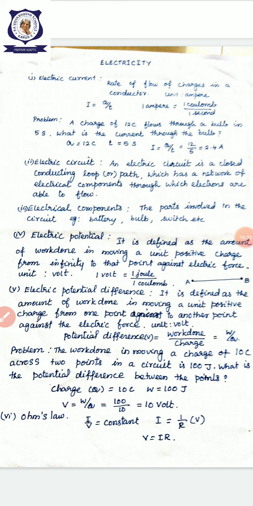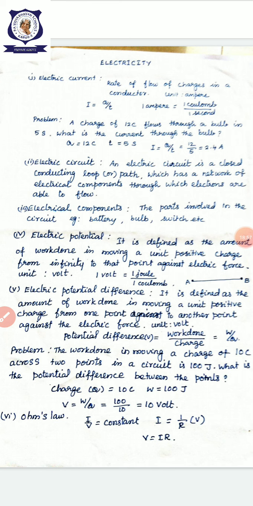The unit of work done is joule. So 1 joule of work is done in moving a single positive charge. Then the potential difference is equal to work done by charge, W by Q. Its unit is also volt.